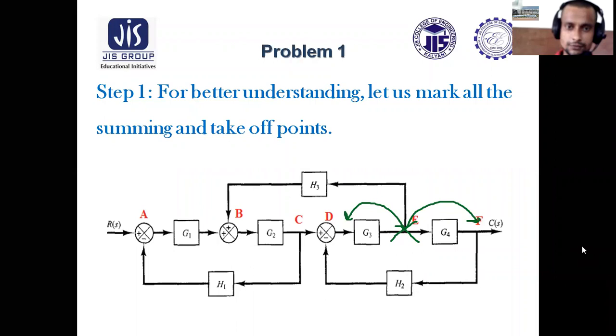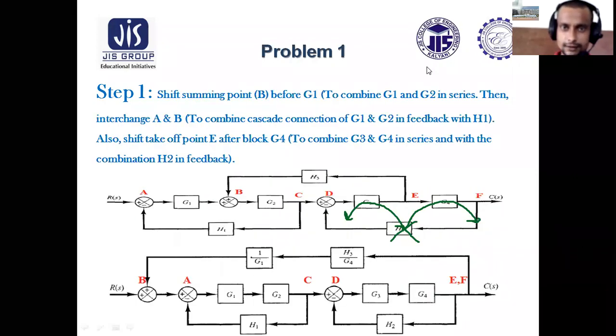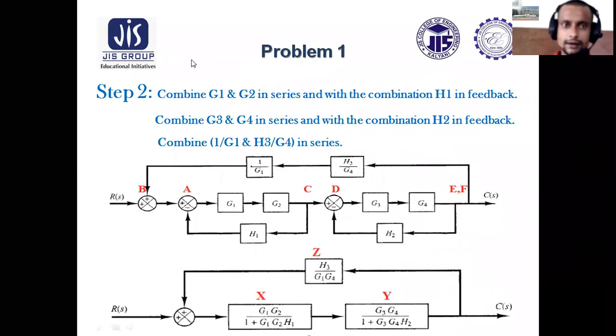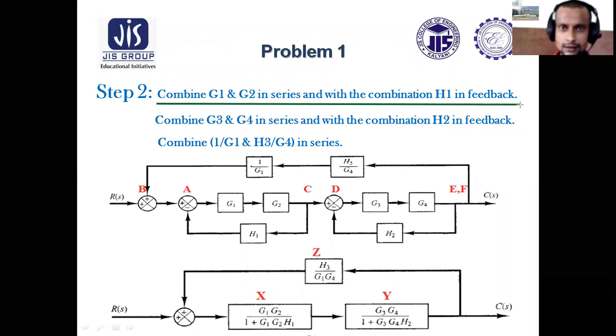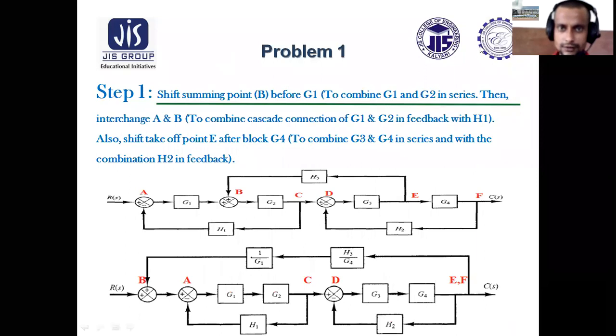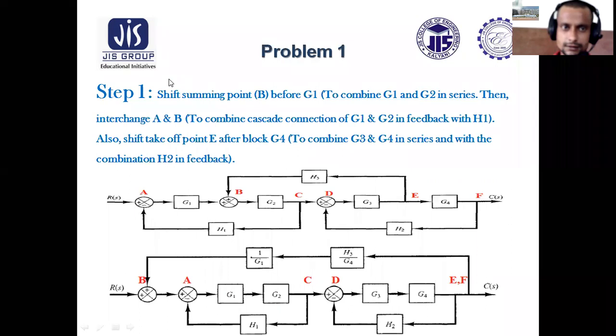So let us move to the next slide. Here it is mentioned, combine G1 and G2 in series. Okay, let us move to the previous slide first. See here it is written, shift summing point B before G1.